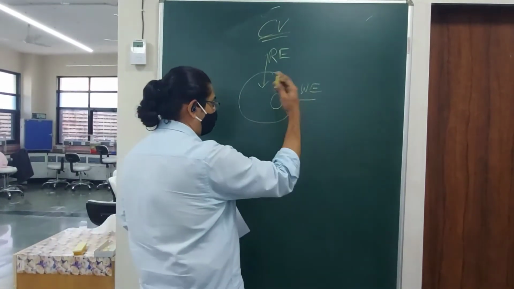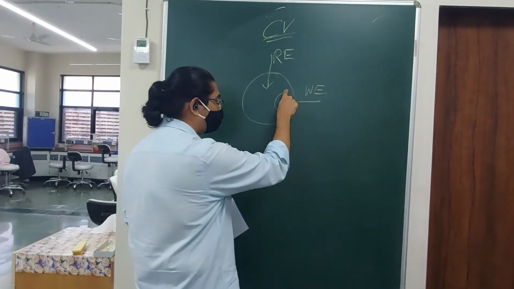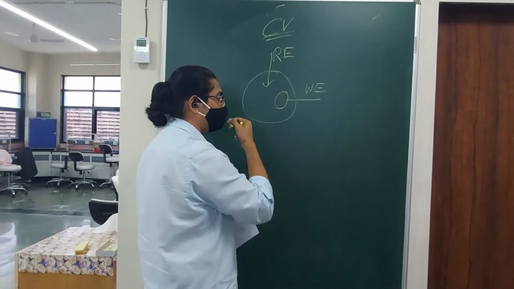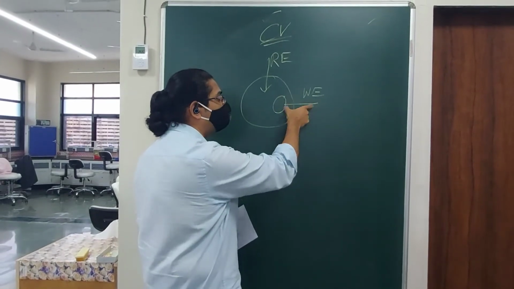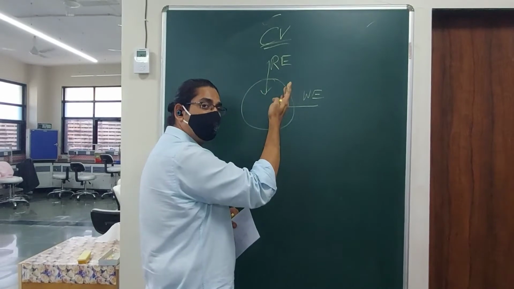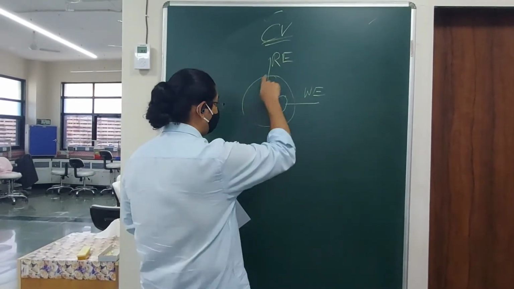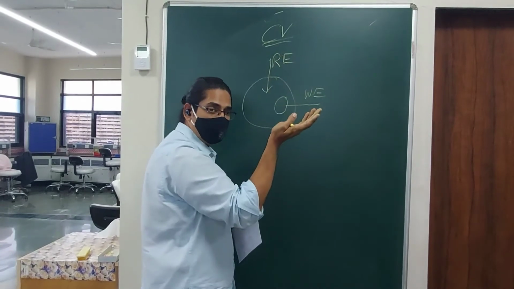Now, from our basic electrochemistry, we know that we cannot measure the cell potential of one electrode. You need to have a reference electrode. In the normal case, we have the normal hydrogen electrode, which has its value as 0.